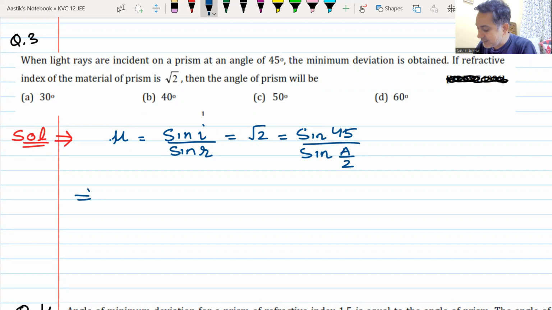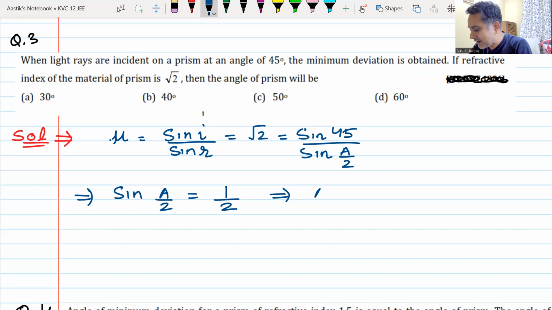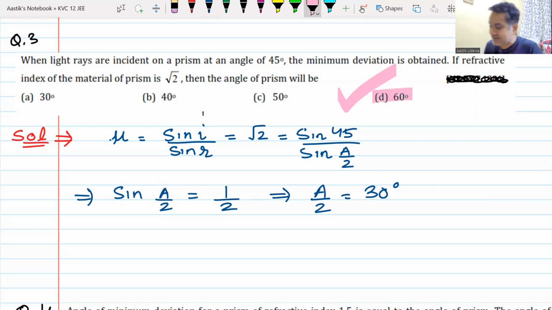So from there, I can get sine of A by 2 will be equal to half. Yes or no? That means A by 2, that angle has to be 30 degrees. And therefore, the answer is not 30 degrees, but the answer is 60 degrees. Do we understand this? Everyone?